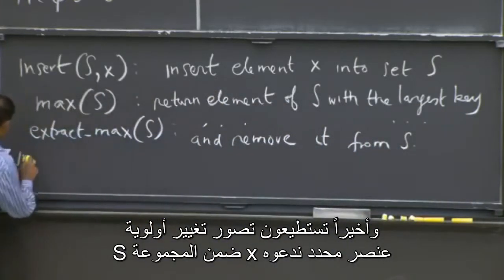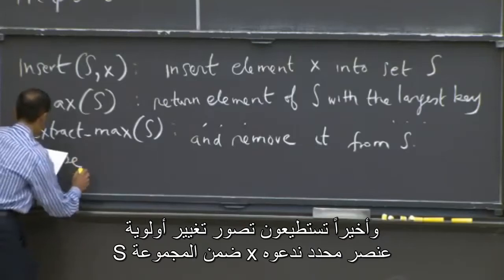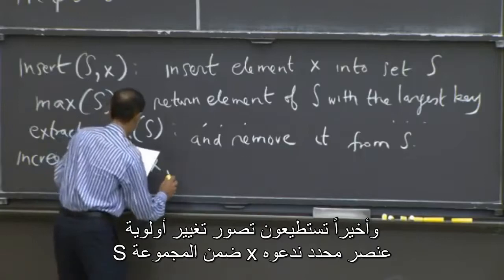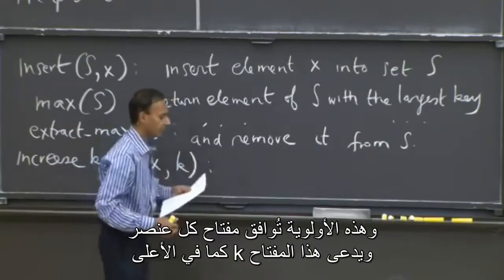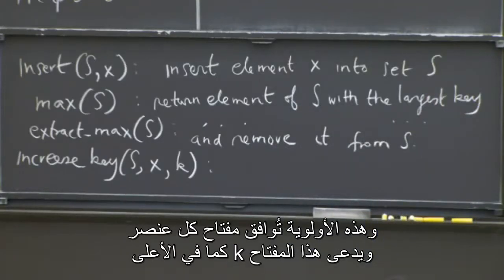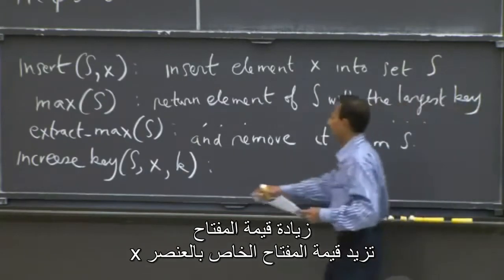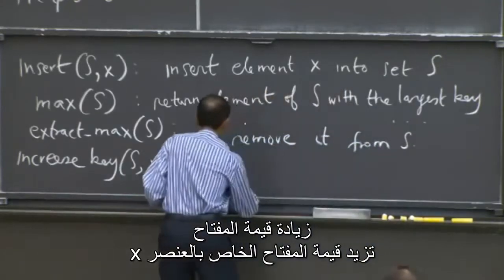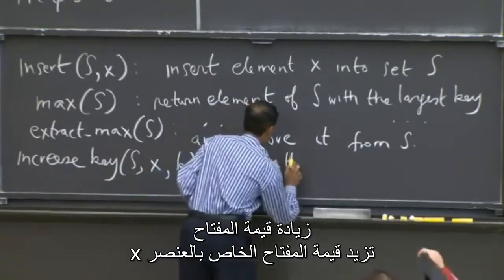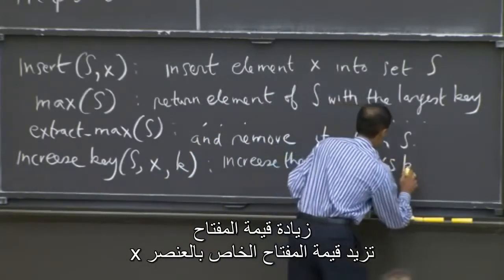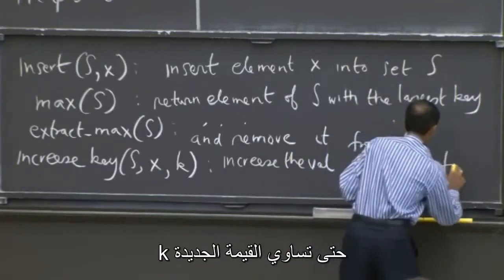And finally, you can imagine changing the priority of a particular element x in the set S, and there's an associated key, as we have up there with each element, call it k. increase-key(S, x, k) would increase the value of x's key to the new value k.